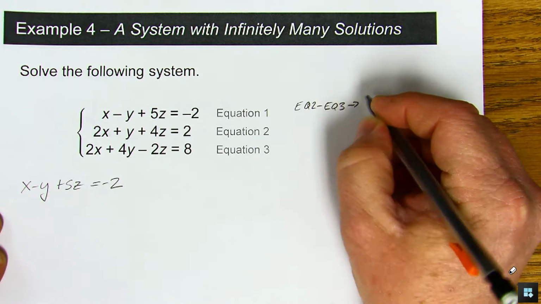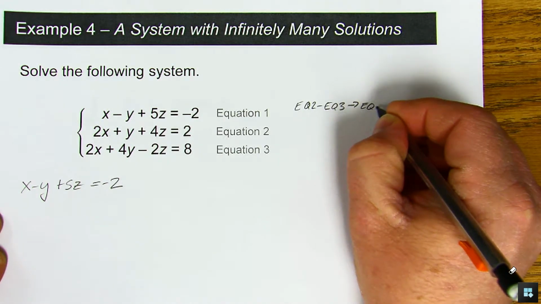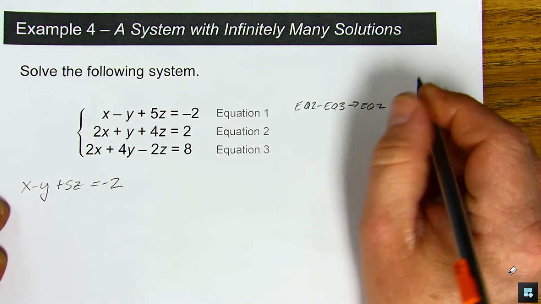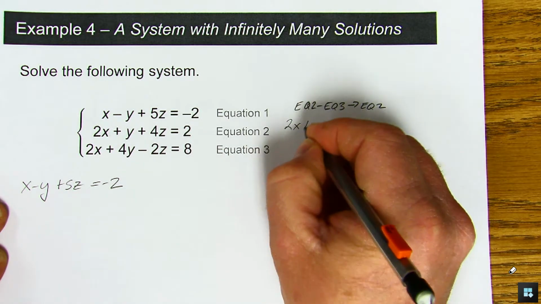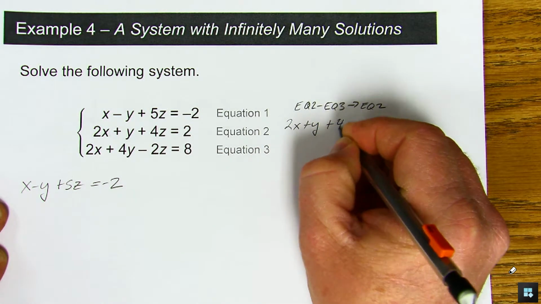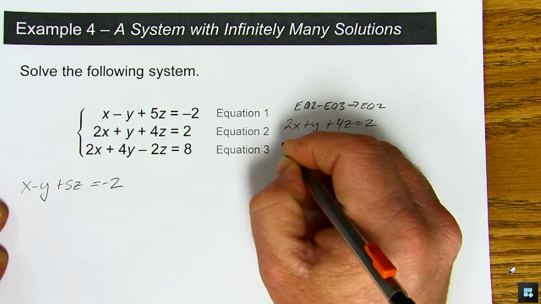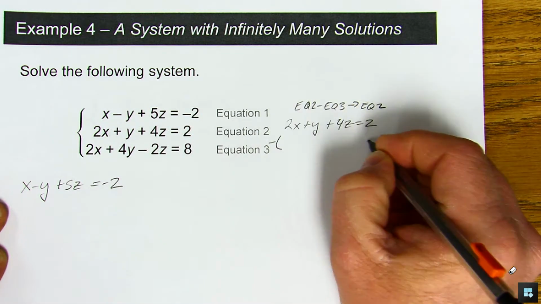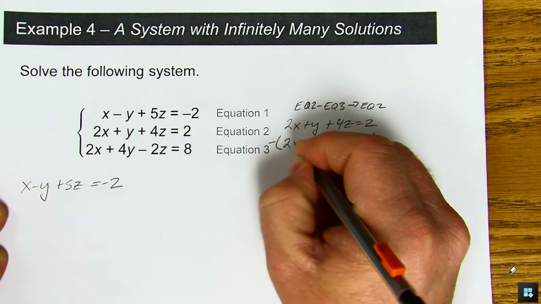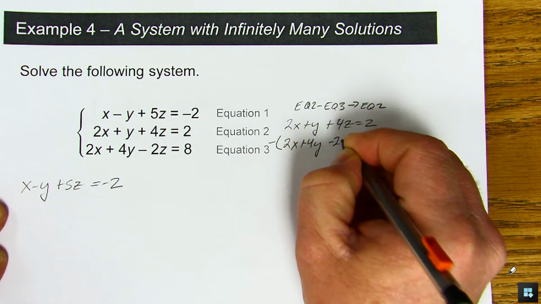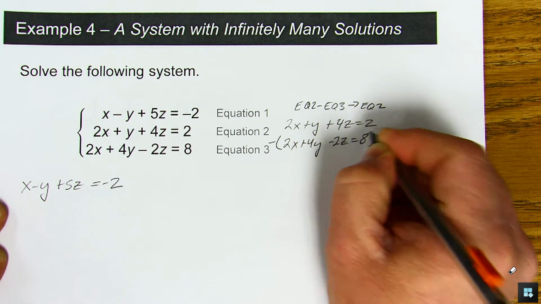That's going to become my new equation 2. So I get 2x plus y plus 4z equals 2, and I'm going to subtract 2x plus 4y minus 2z equals 8.